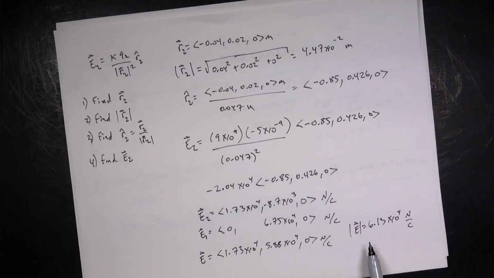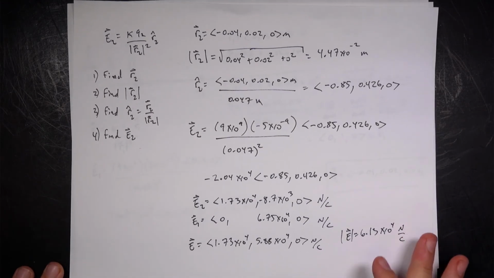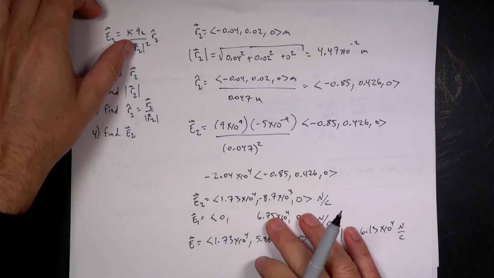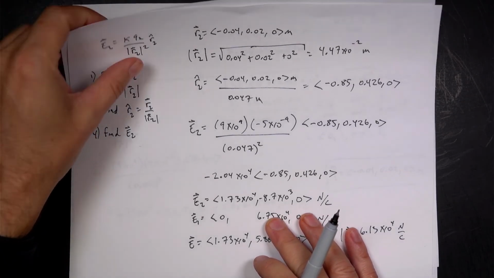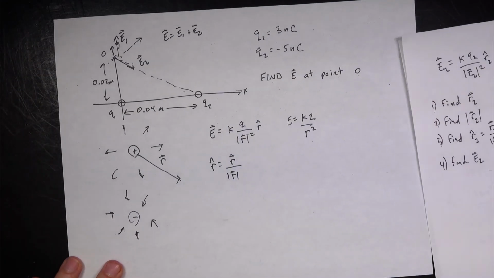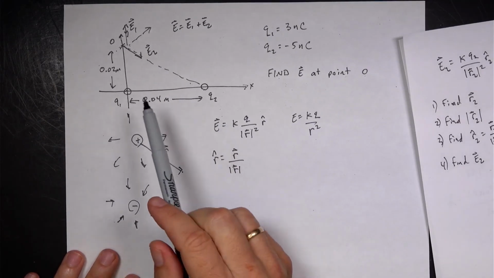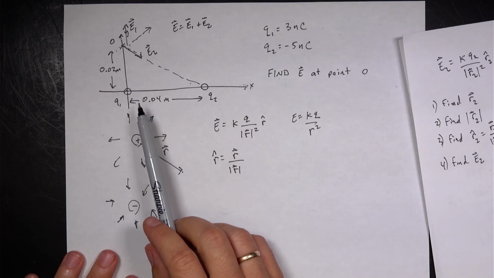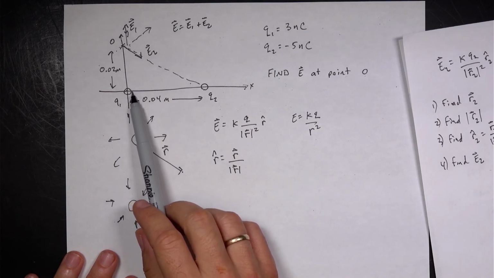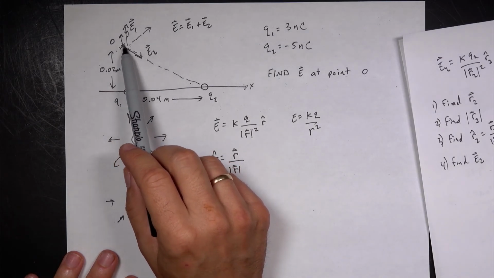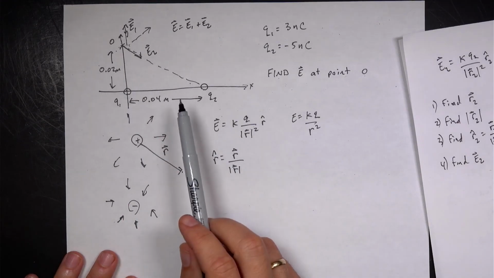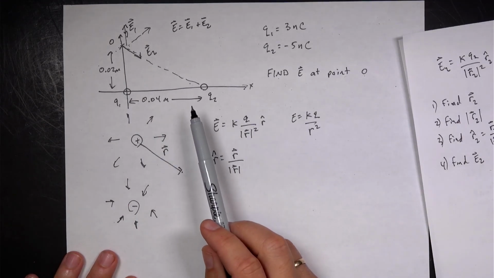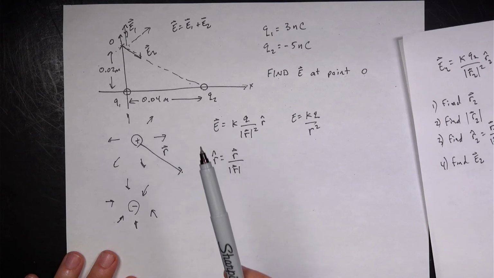This is the best answer, but sometimes you may want it as just a magnitude. Okay, so let's just go back to the original picture for a second. So what we did is to find the electric field due to each point charge. And to find the electric field due to each point charge, you need the vector from that point charge to the observation location. And so I got those two. I need to find the magnitude of those vectors and the unit vectors.